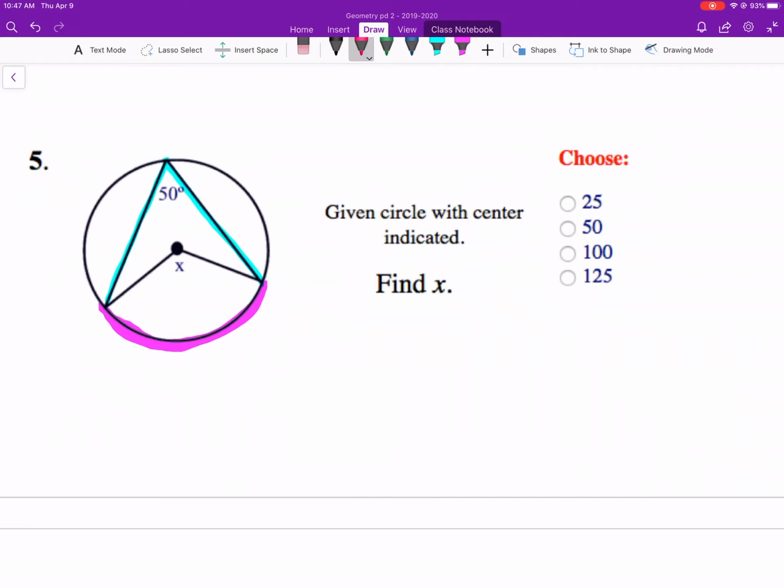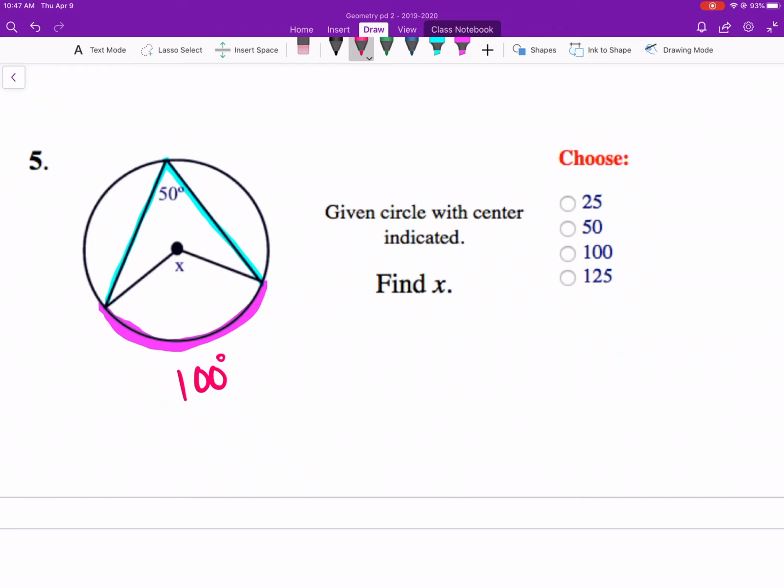Now you might make the mistake and say, okay, that's 25, because it's half, right? No, the inscribed angle is the 50 right now. The arc is double. So this arc would be 100 degrees. Remember, the inscribed angle is equal to half of the intercepted arc, so right now we have to work in reverse. So 50 and 100.